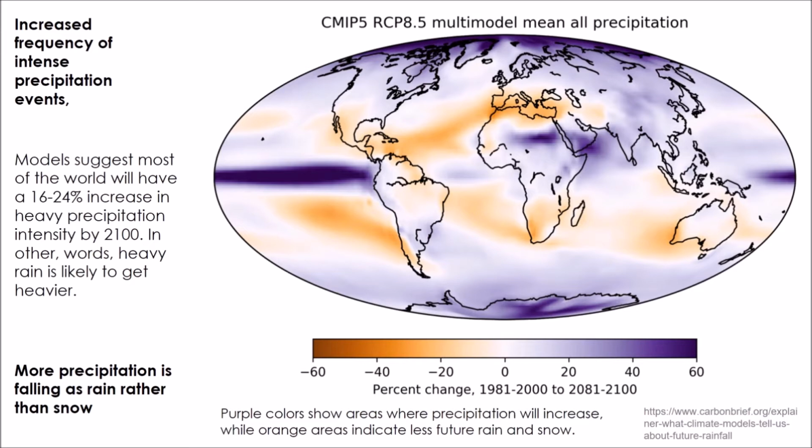That is, there would be intense precipitation in future, and it would be in terms of rain rather than snow. The purple colors of this drawing show areas where precipitation is forecasted to increase, while the orange areas indicate that these areas would have less rain and snow in the future.